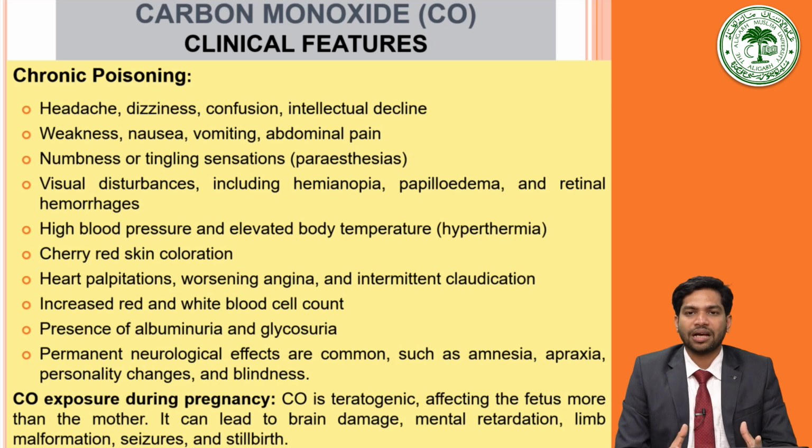High blood pressure and hypothermia are other features in chronic exposure. Cherry red discoloration of the skin, heart palpitation, worsening angina and intermittent claudication, increased red and white blood cell counts, presence of albuminuria, glycosuria, then permanent neurological deficits are common, such as amnesia, apraxia, personality changes and blindness.